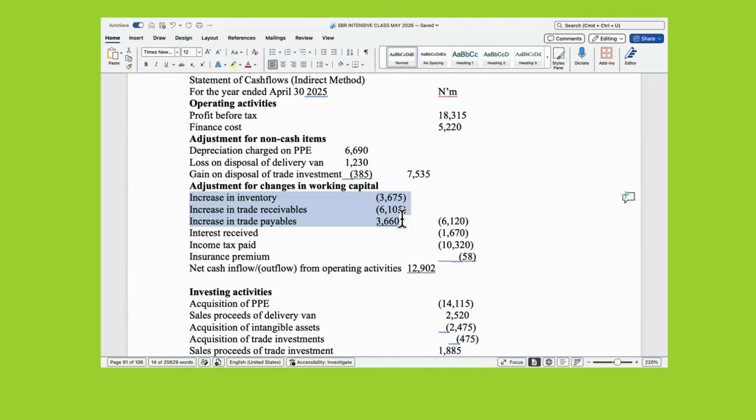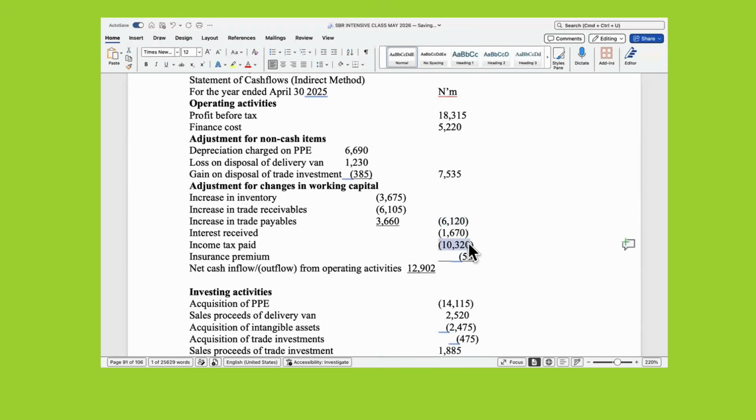Increase in trade payables, it means you are owing people more money, which means they are giving you something. That's why you are owing them. So inflow, you must have collected something for you to owe people. Inflow. So you cumulate these three together, it gives us this.